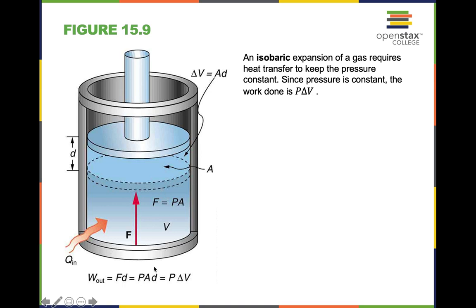But we also know that our force is going to be PA. So our total work out is going to be pressure times your change in volume. And this is one of those equations we went over in the last few chapters. And of course, you have your heat coming in. So this is your heat in, and this is your work out. So both of these would be positive in this case.